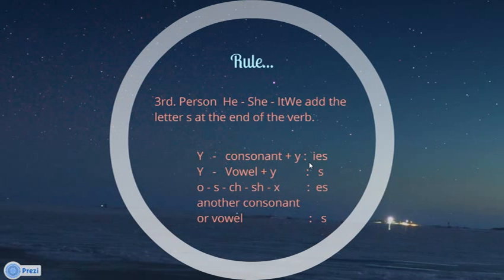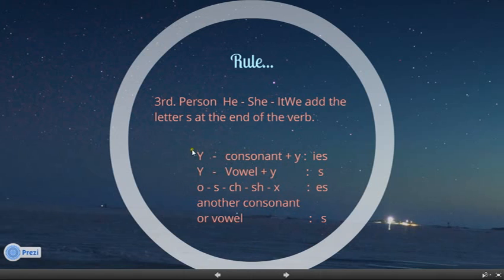So I'm going to explain the rule with the third person form, he, she, or it. With these pronouns, we add the letter S at the end of the verb, but it depends on the next rules. If the verb ends with the letter Y but before you find a consonant, the letter Y disappears and you add IES.